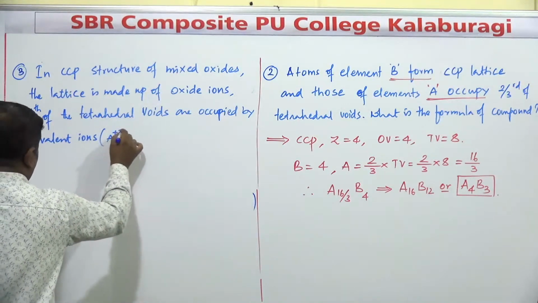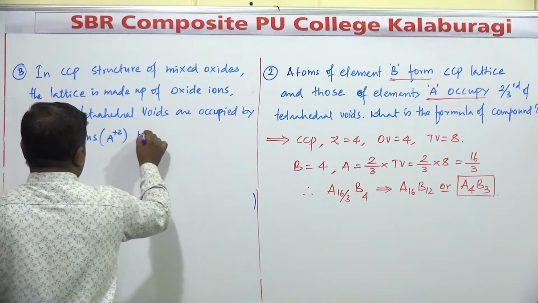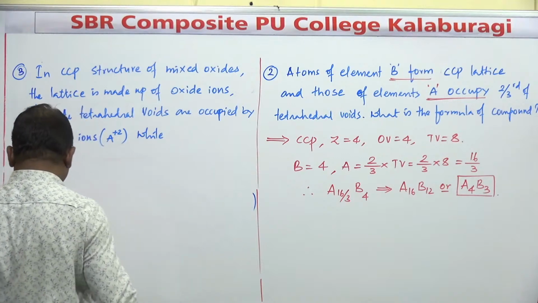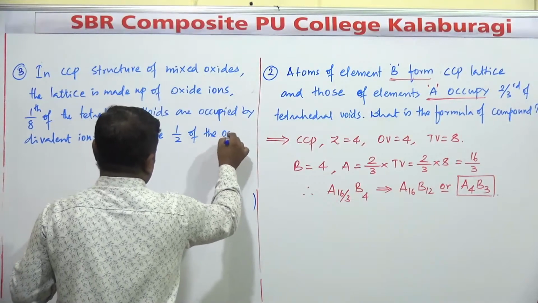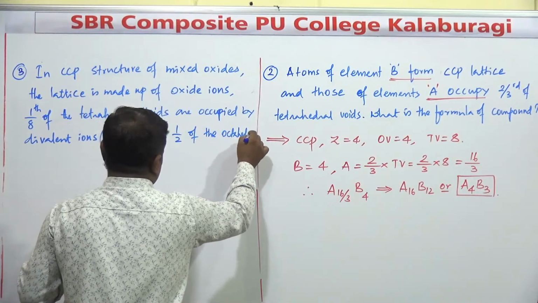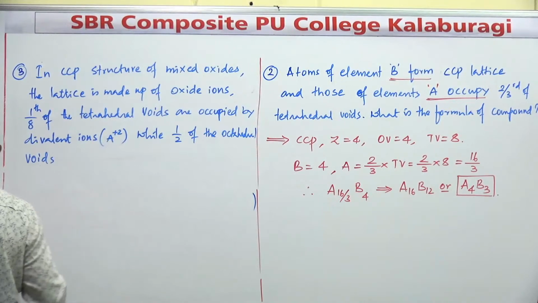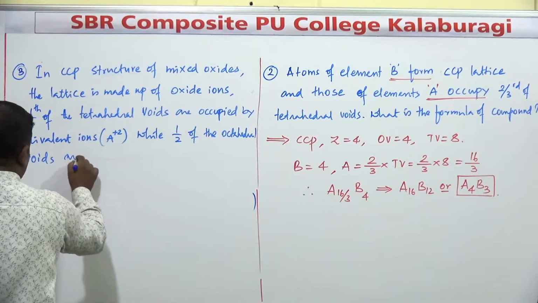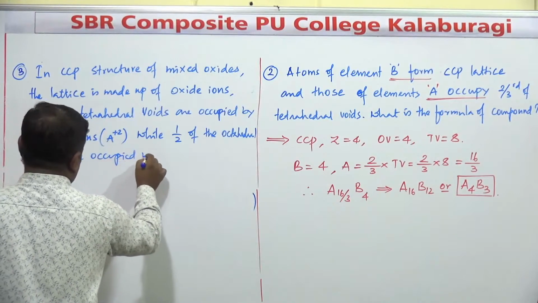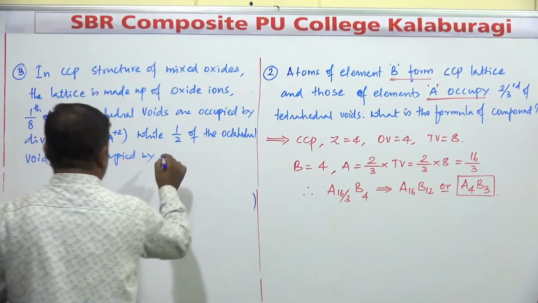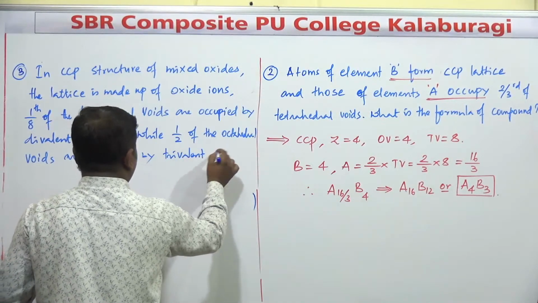That is A+2, while half of the octahedral voids are occupied by trivalent ions.